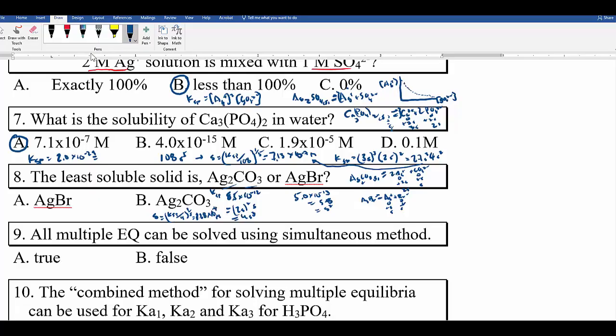And then over here, we'll just take the square root of this. So s is equal to the square root of 5 times 10 to the negative 13, which is about 7.07 times 10 to the negative 7 molar.